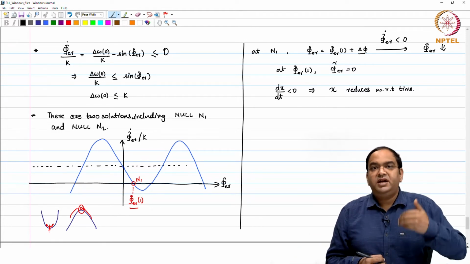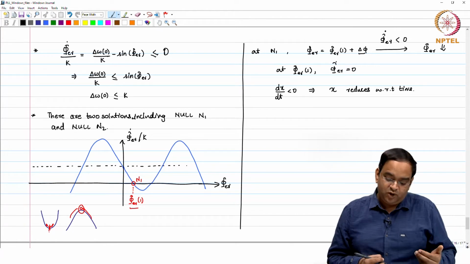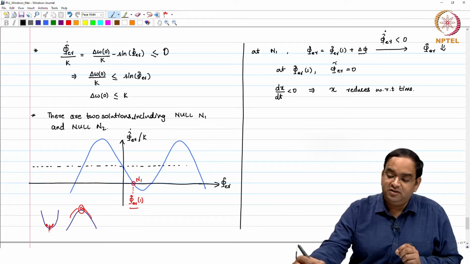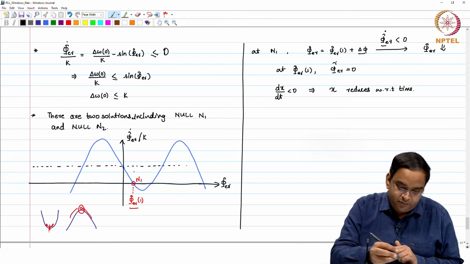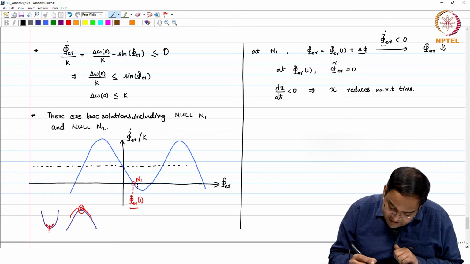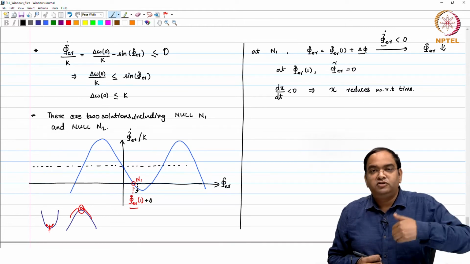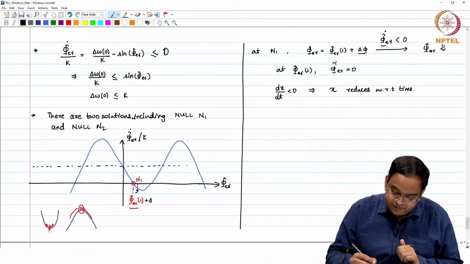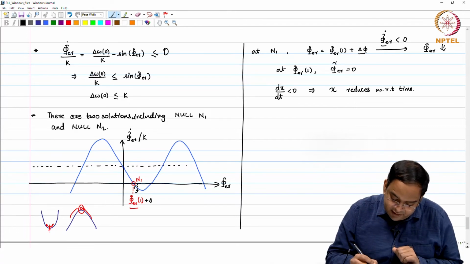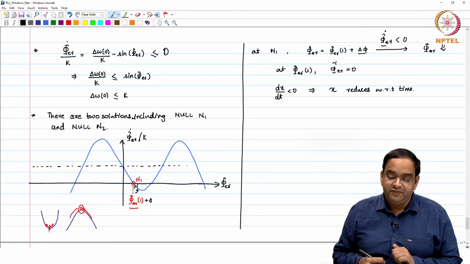Similarly, I applied a small disturbance at N1, but because the slope at that particular point, phase error 1 plus delta, is negative, phase error will drop. If phase error drops, what will happen? It will come back to N1.